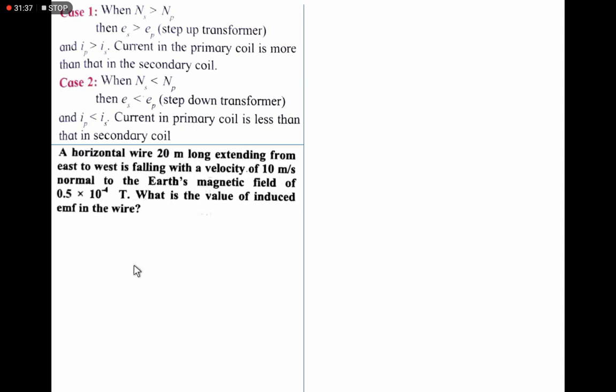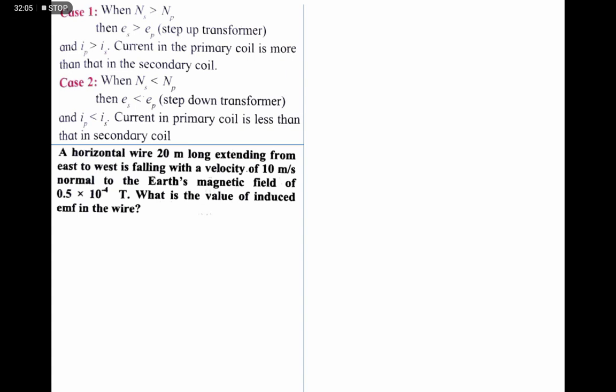A horizontal wire 20 meter long extending from east to west is falling with a velocity of 10 meter per second, normal to the Earth's magnetic field of 0.5 into 10 to the power minus 4 Tesla.